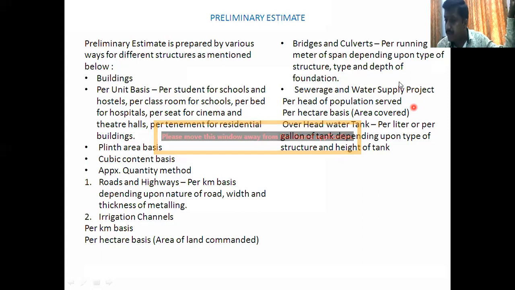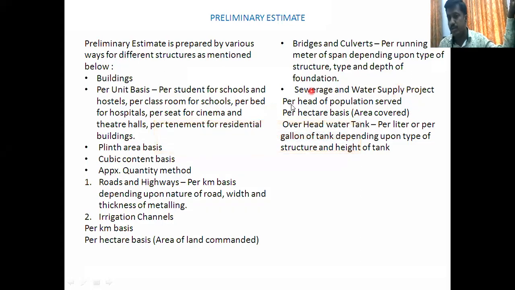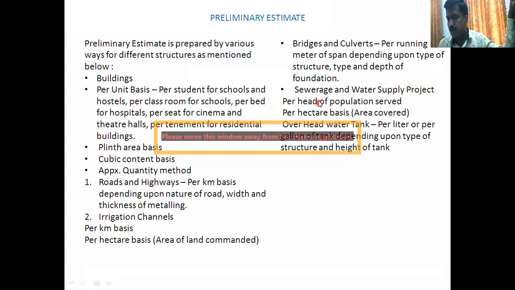Again, a sewer project or a water supply project, the estimate totally depends on the head of the population which gets served with the hectare area or with the particular water. Overhead water tank, per liter, depends upon the capacity and height of the tank. Now to prepare the estimate for an overhead water tank, visit any overhead water tank in Pandharpur. There are, I think, more than 4 or 5 water tanks.